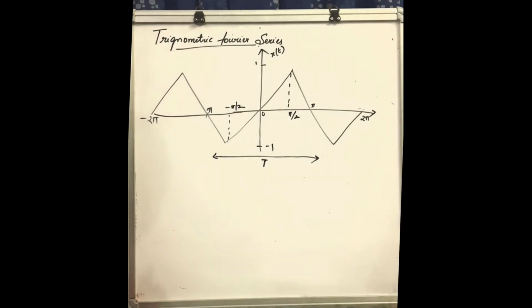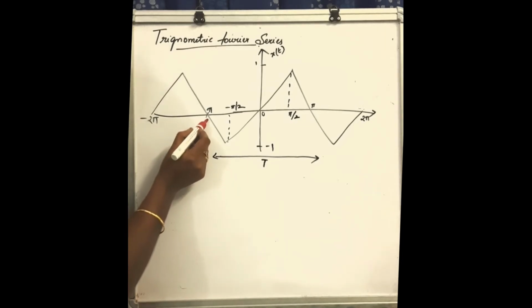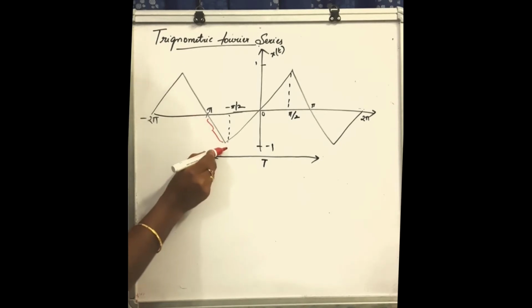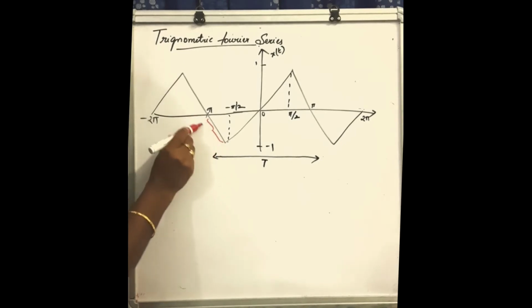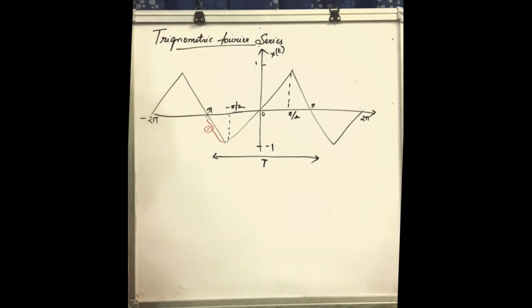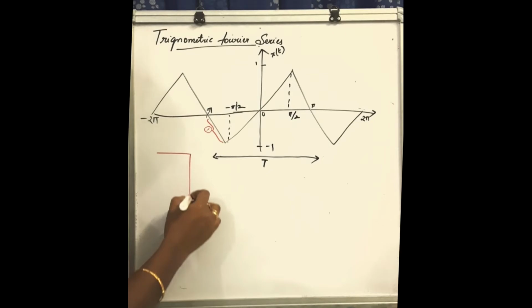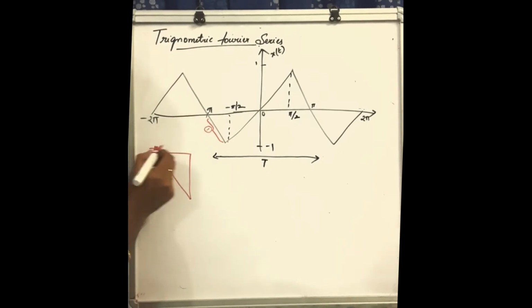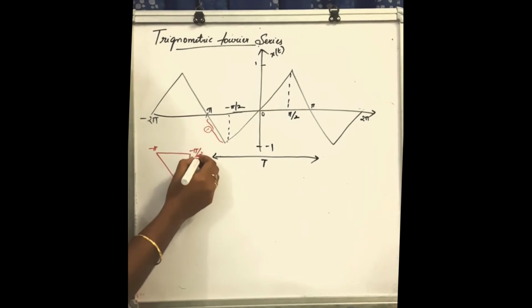With the help of the straight line equation, two-point form, we can find the first straight line equation for minus pi to minus pi by 2. So this is the first thing we are going to find. Let's redraw it. It is minus pi by 2.